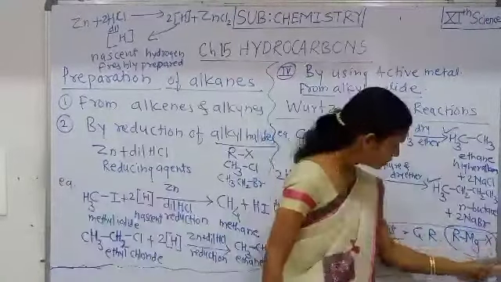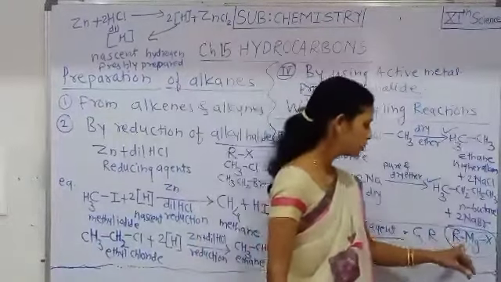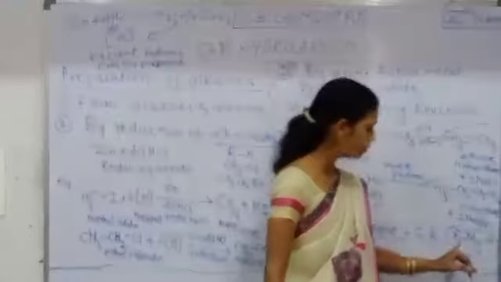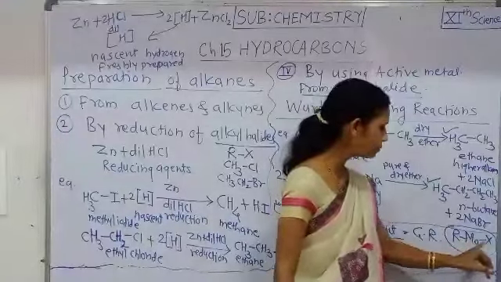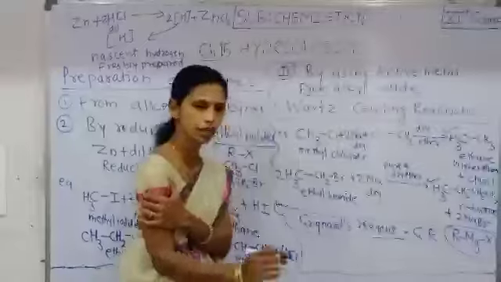The organic compound obtained is an organometallic halide compound, that is alkyl magnesium halide compound, which is known as Grignard's reagent.